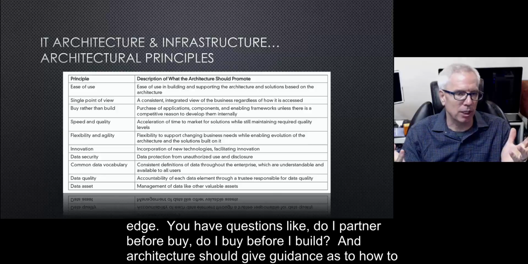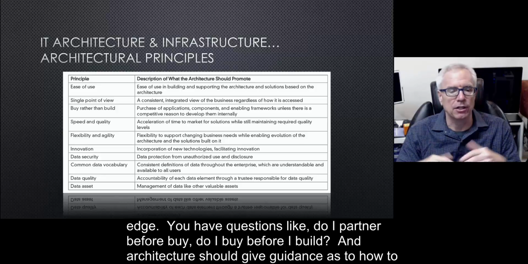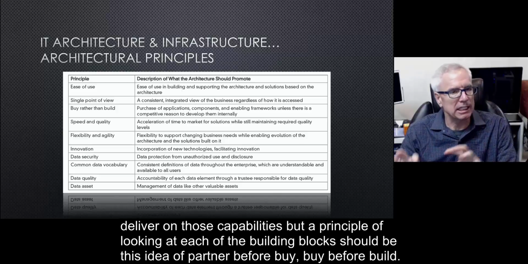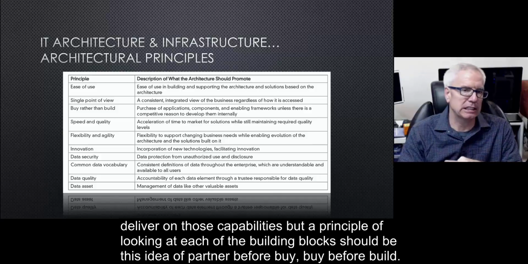You have questions like, do I partner before buy? Do I buy before I build? And architecture should give guidance as to how to deliver on those capabilities, but a principle of looking at each of the building blocks should be this idea of partner before buy before build.